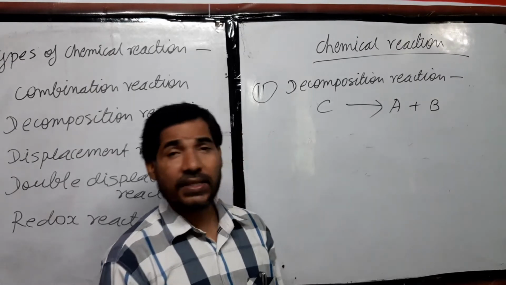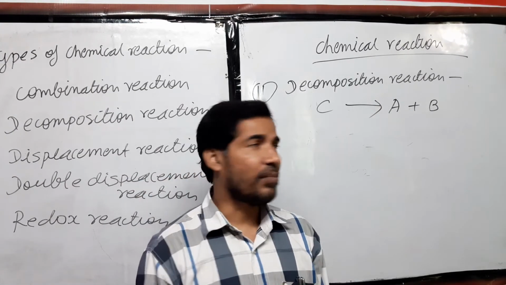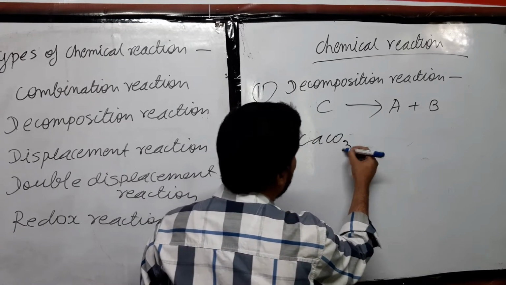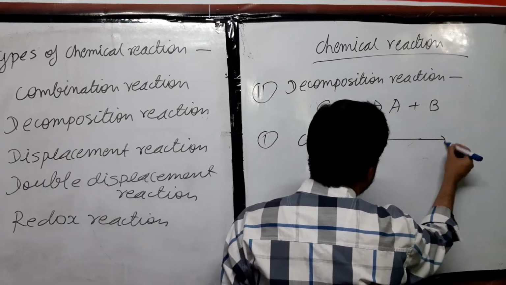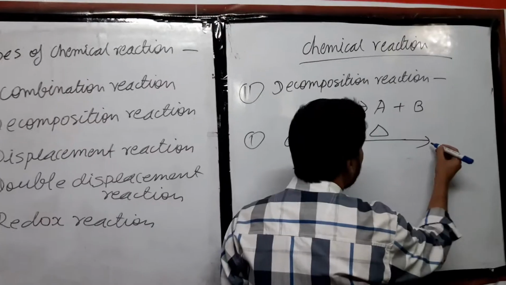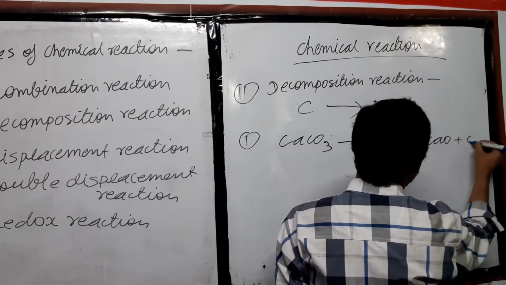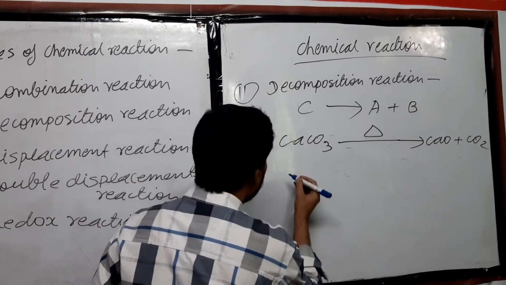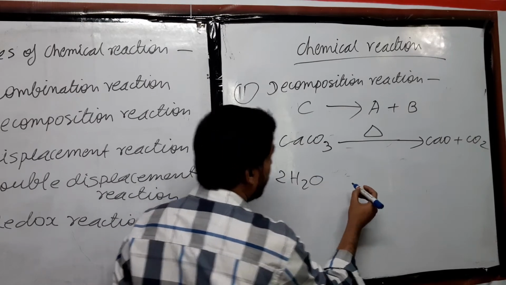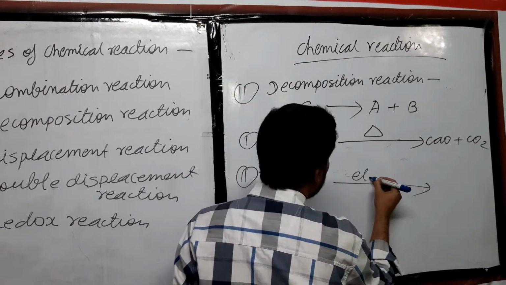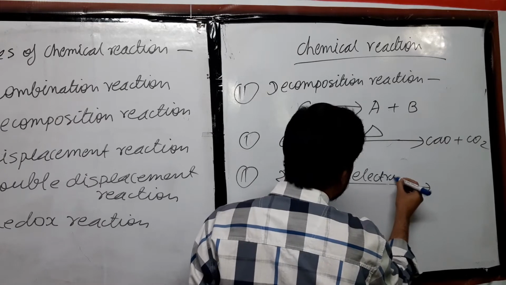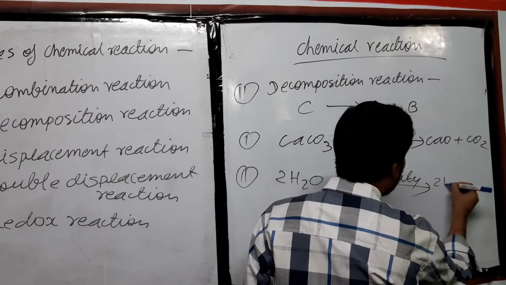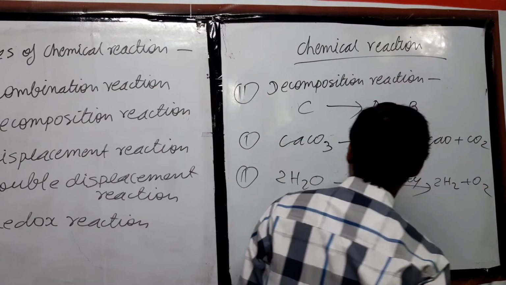And for this, I will give a number of examples. For example, first, CaCO3 when heated gives calcium oxide plus carbon dioxide. Second, 2H2O, means water, when electricity is passed, breaks into hydrogen and oxygen.